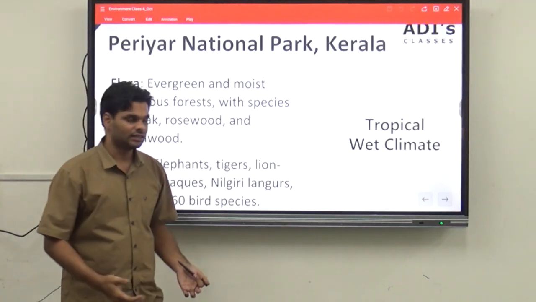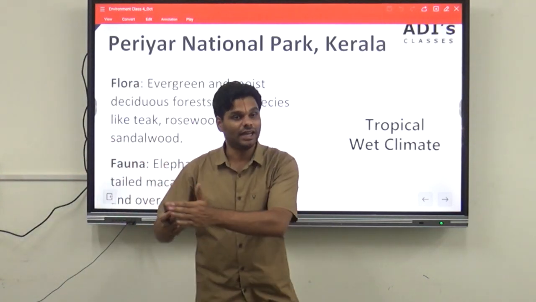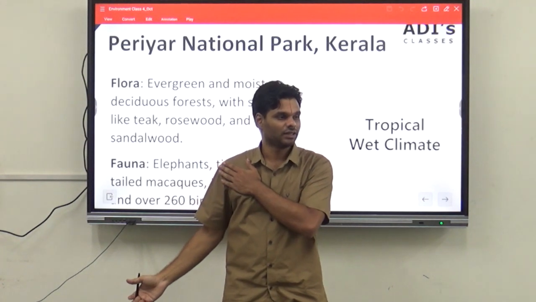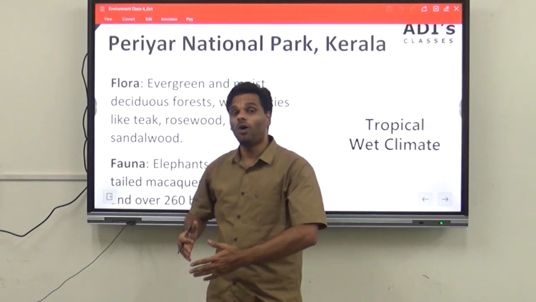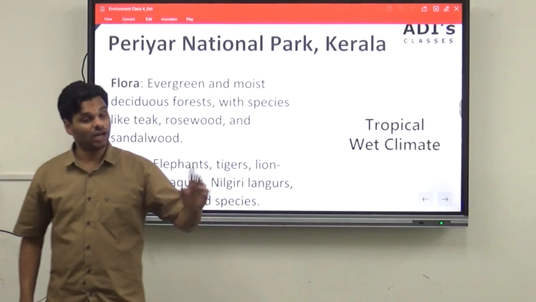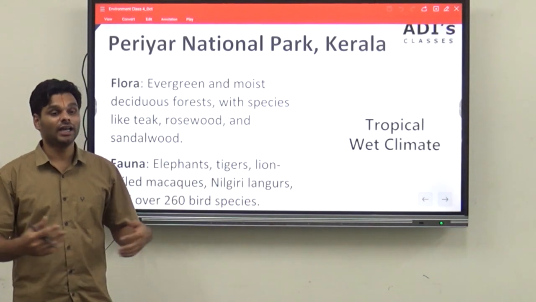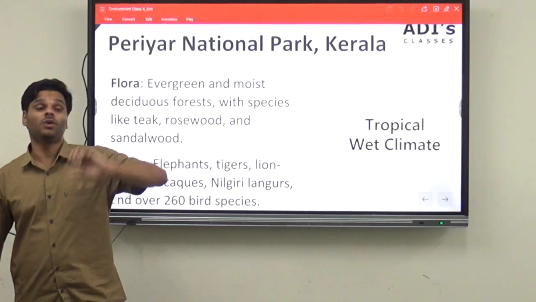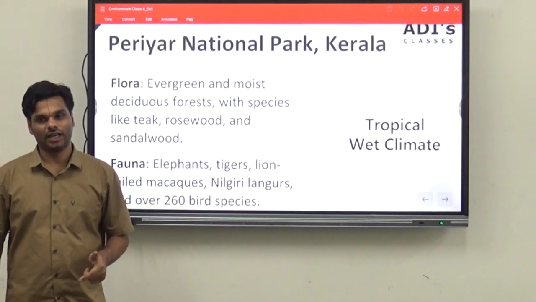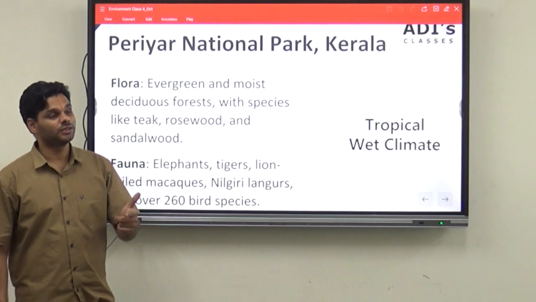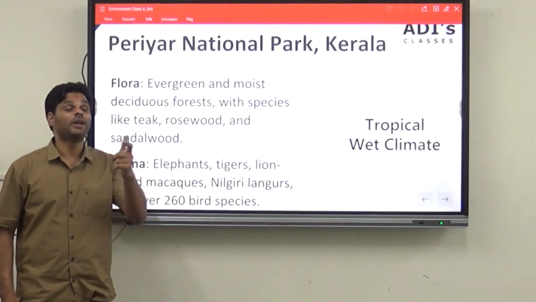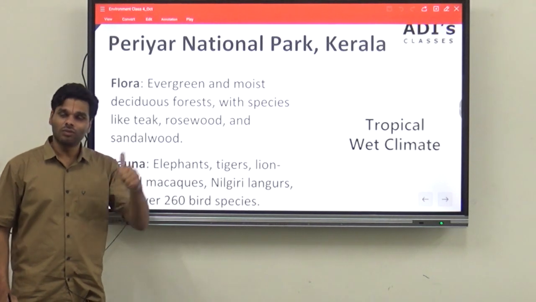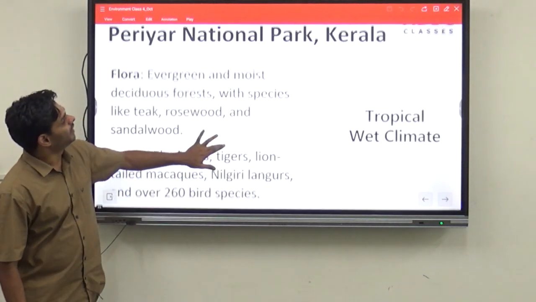Because we have been discussing that India literally has everything from an equatorial climate to a tundra climate, and in all of these regions we have flora and fauna, and that is making India one of the mega biodiverse spots. Like I said, 2.4% geographical area of the world, 8% biodiversity. So we'll just look at some examples.